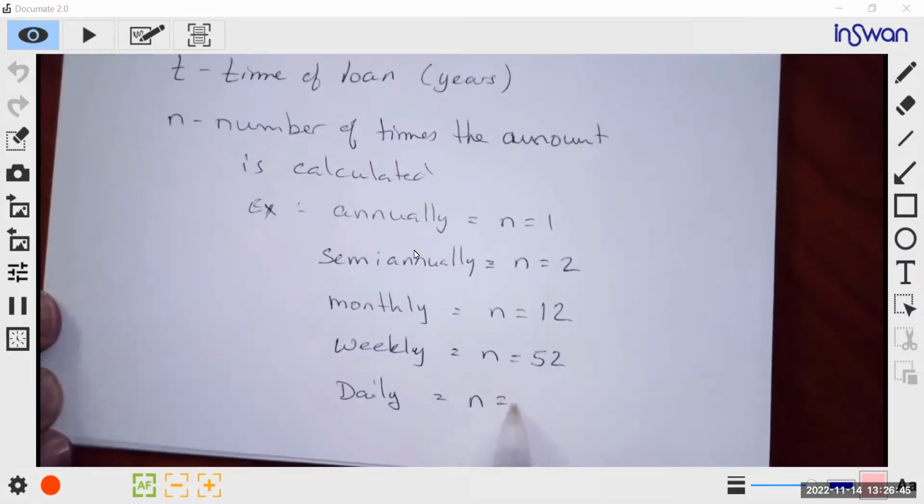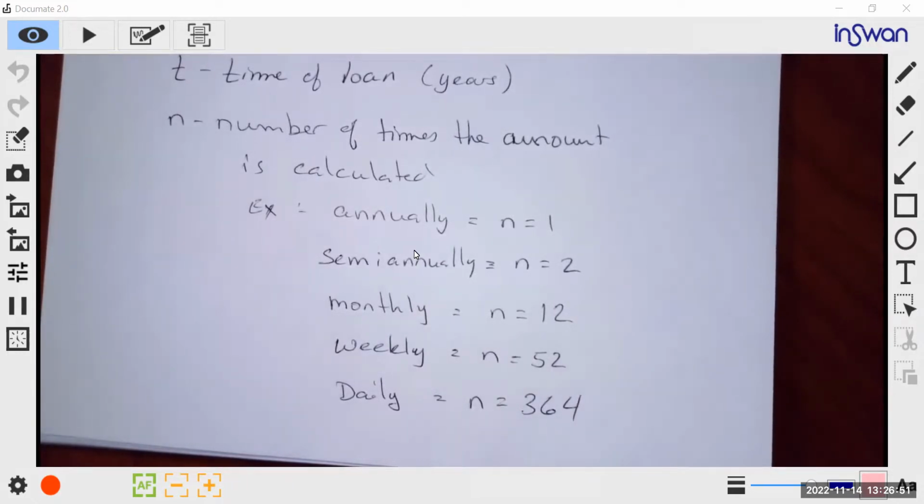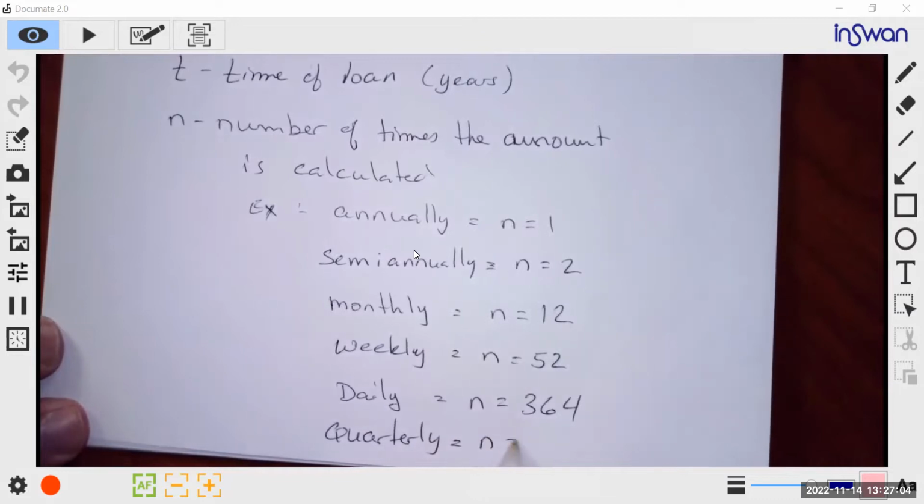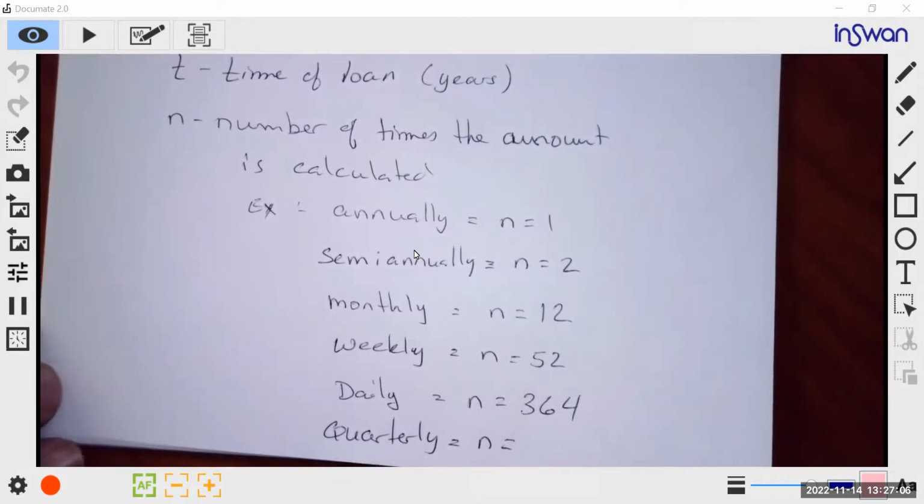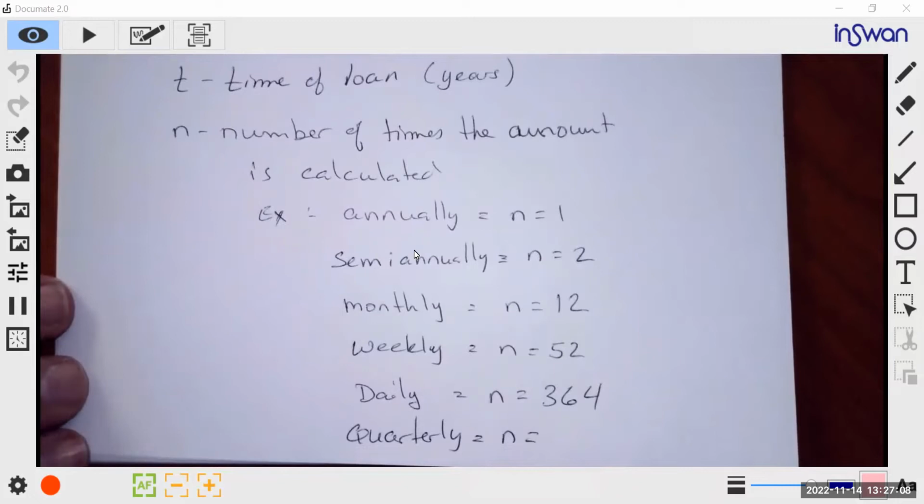Daily, N is 364 or 365, depending on which system they use, because businesses are all closed on Christmas. So we can't do business there. So 364. If I say quarterly, what is my N? How many quarters are there in a year? 4. Yes, there are 4 quarters.